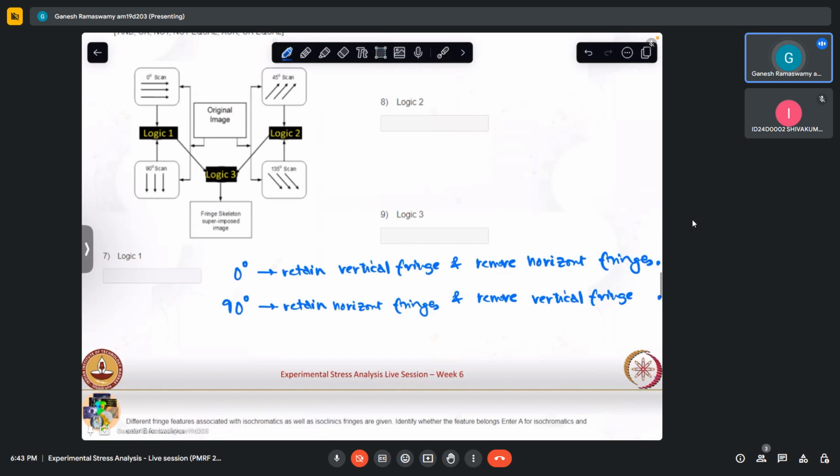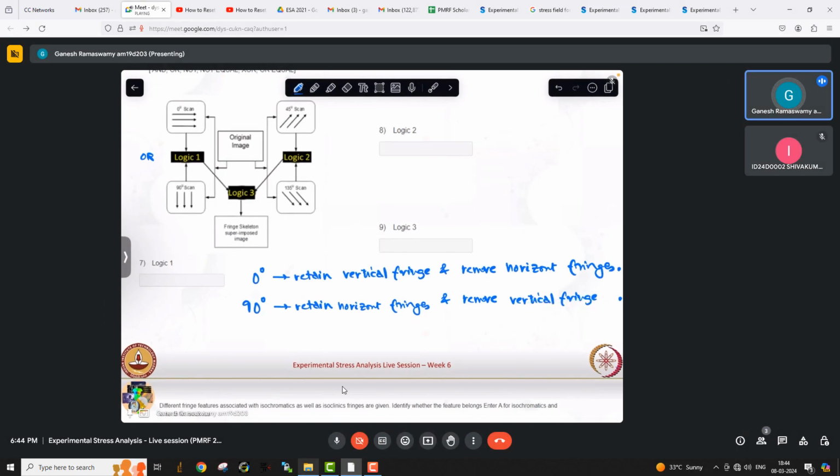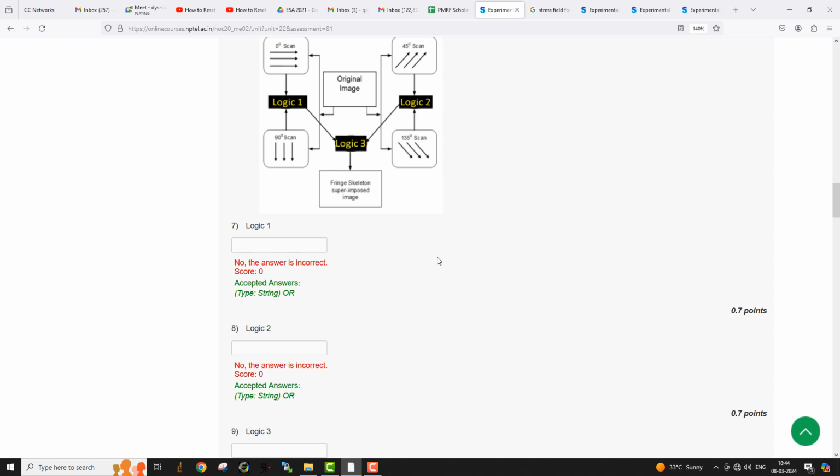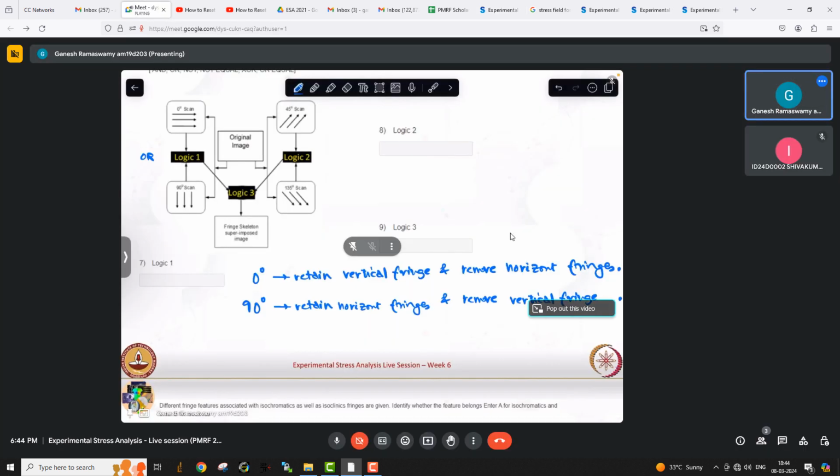So either if it is coming in the 0 degree scan or the 90 degree scan, we will consider that to be a fringe, and we will go with the OR operator.